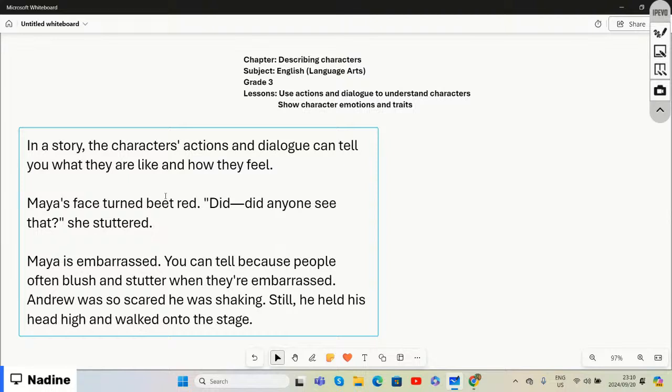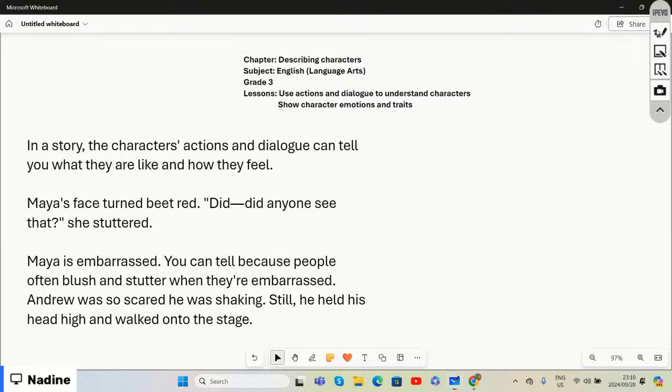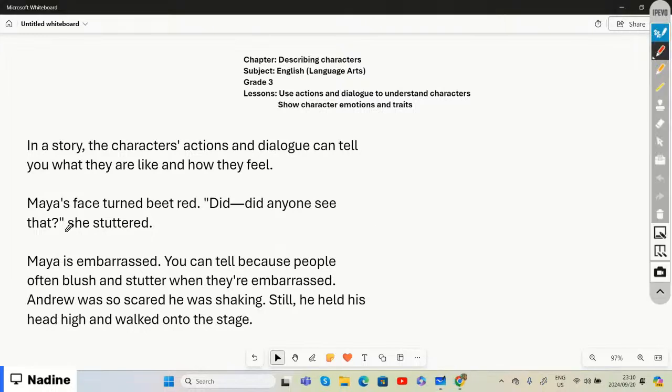That is also based on what they do, how they do things, as well as what they say. That is to do with the dialogue. Dialogue is how and what they say. So basically, in all of the stories, the characters' actions, what they do, how they feel, and what they say, which is the dialogue, can tell you what they are like and how they feel.